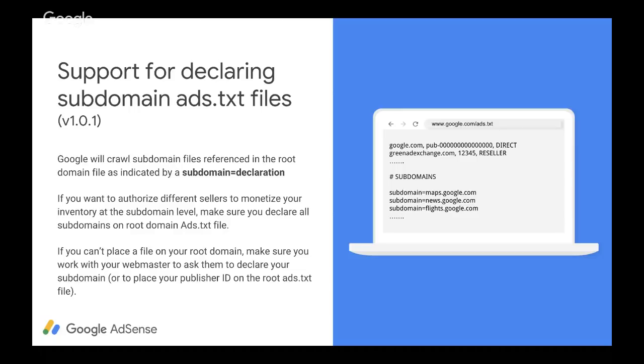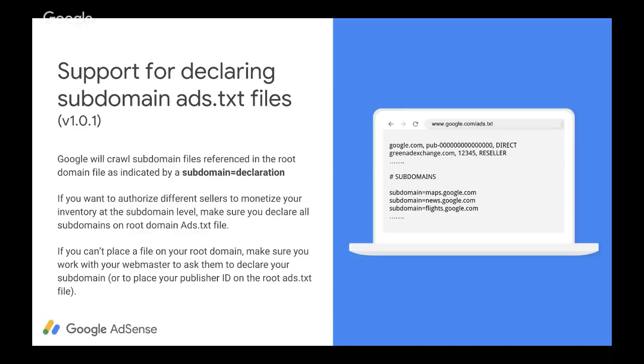And just to be very concrete and very clear with an example, I was saying earlier, google.com is a root domain. If let's say you have a website on the root domain, if you define all the subdomains, for example, continuing this analogy, maps.google.com is one of the subdomains, or news.google.com. You list them out in the ads.txt file placed on the root domain.